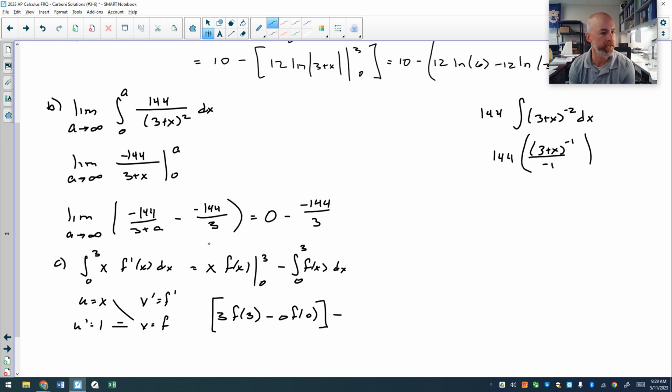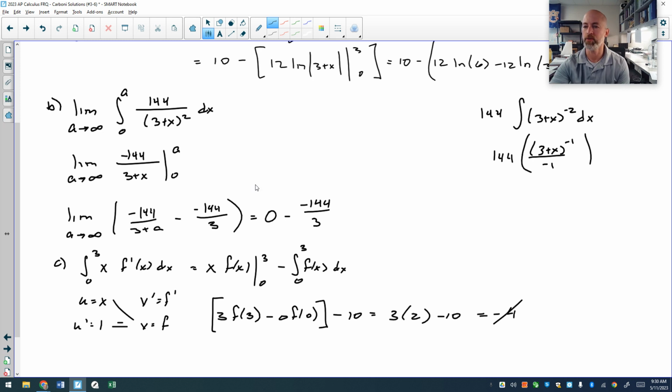The integral from 0 to 3 is 10. And now I see this is quite nice because I need f of 3 and f of 0. Actually, I don't need f of 0 because 0 times anything is 0. F of 3 is given, and f of 3 is 2. So we end up with an answer of 3 times 2 minus 10. I think that's negative 4, but what if it's not today? Let's cross that out. And I'm done with 5.